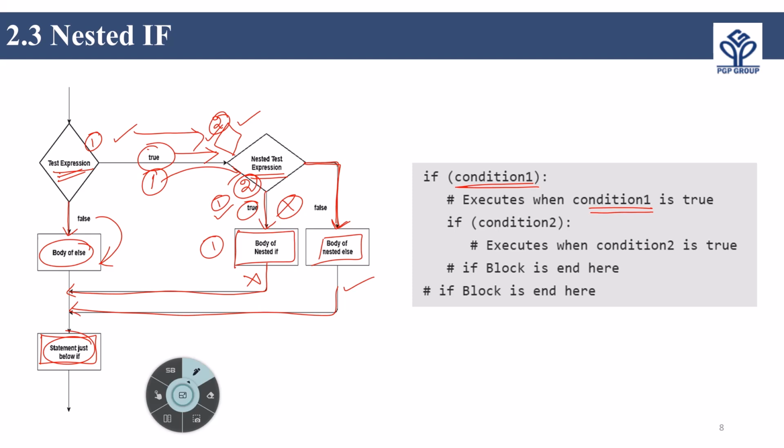Clear? So only when condition 1 is true do we enter the second if. This if block ends here, and this if block ends here too. Clear?